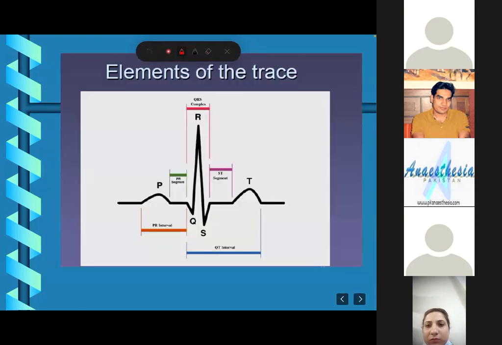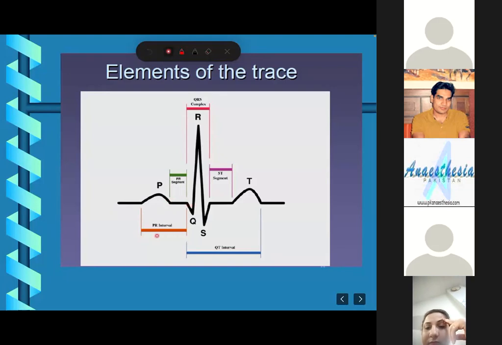So the next topic is the waves of the normal ECG. A normal ECG has a P wave, with a normal upstroke and a normal downstroke. Then there is the PR segment, which ends after the P and before the start of the R. This is the PR segment.